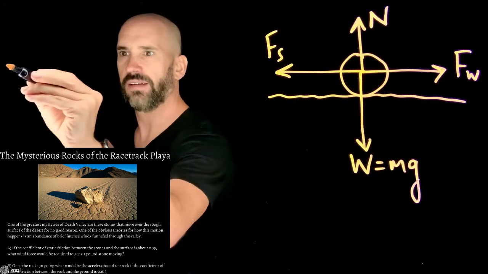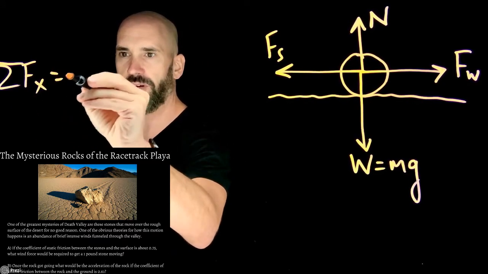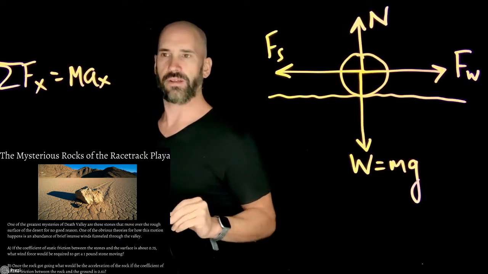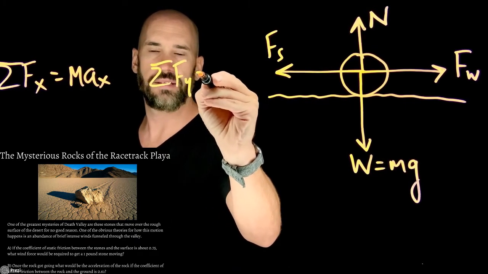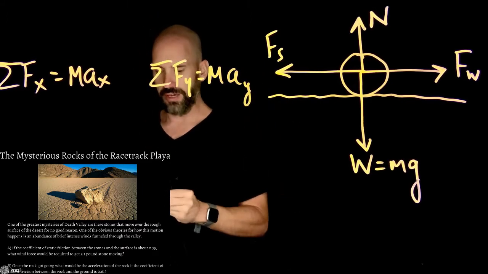So we start by looking at the summation of forces in the x direction equals m times the acceleration in the x direction, okay? And the sum of the forces in y equals m times the acceleration in the y direction, okay?